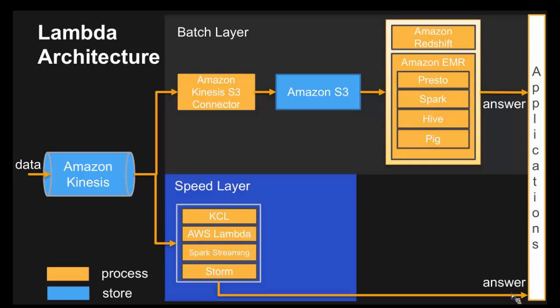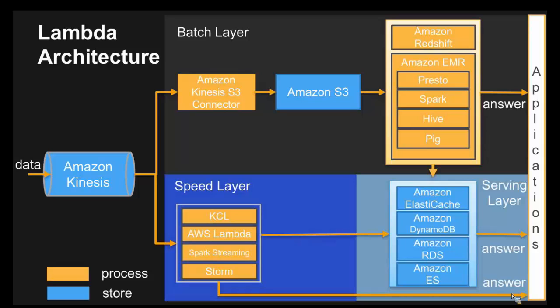And then the speed layer, if you're building, let's say, windowing functions and others, you could have them built using Spark Streaming or Storm or AWS Lambda, if you will, or KCL. And then typically what happens is, if the downstream applications are dependent on this, in some cases the downstream application may not necessarily be a human consumer.